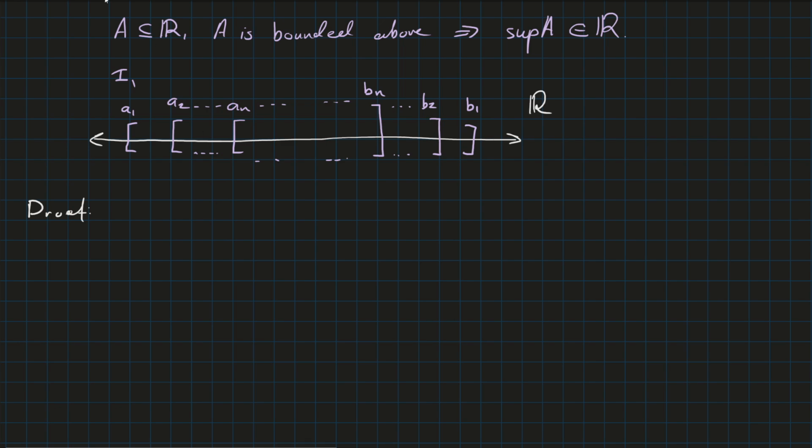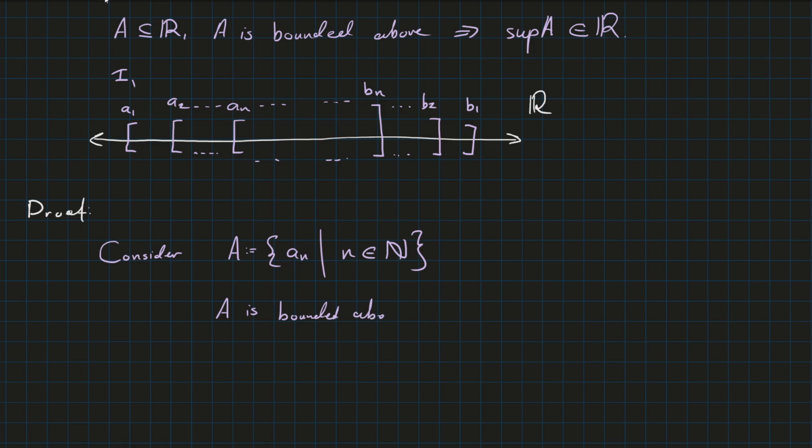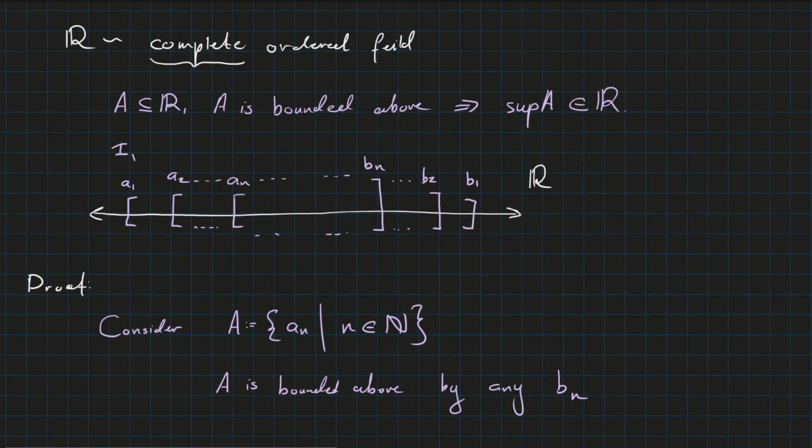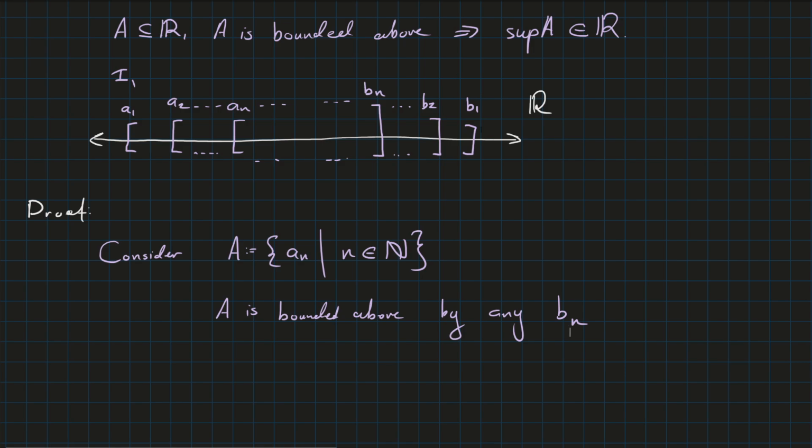So consider A, which is the set of all An's. It's a sequence of real numbers. We should note that A is bounded above by any Bn, basically by definition, including B1, if you want to just fix some number.